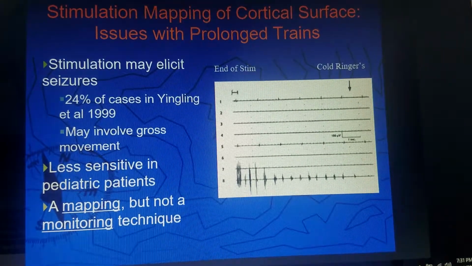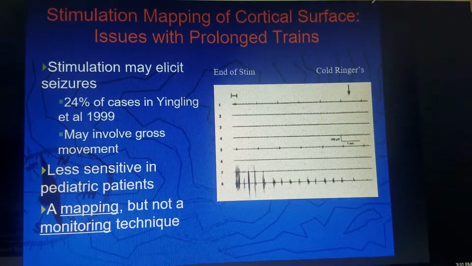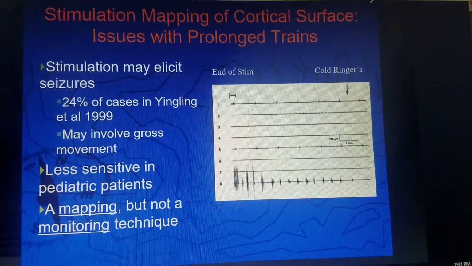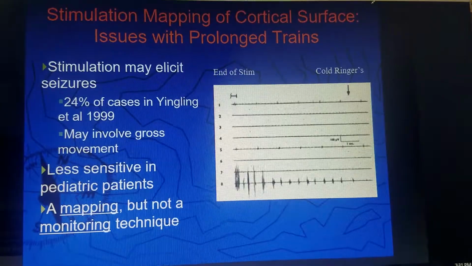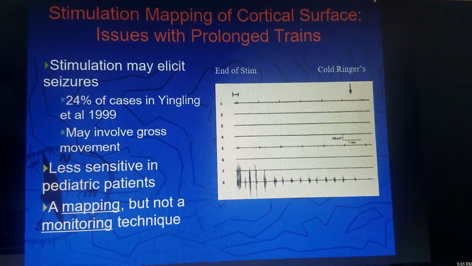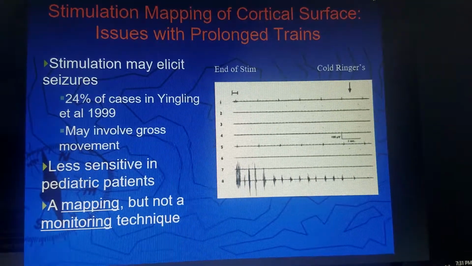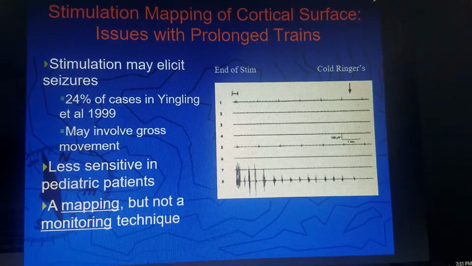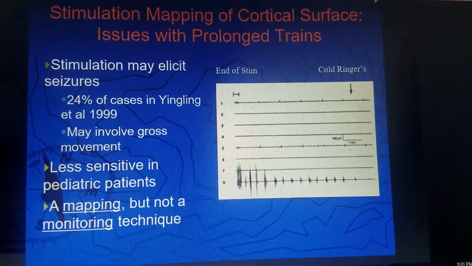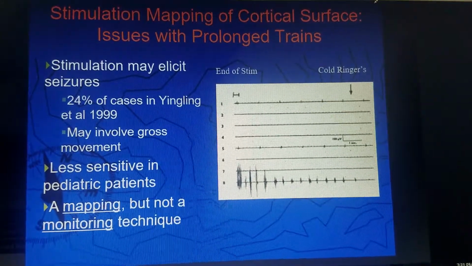The problem with these prolonged trains is that they can elicit seizures. In our first series, there were seizures in 24% of the cases, not necessarily dangerous ones. You can see here at the bottom, which is the foot channel, the stimulation ends right at the beginning of the set of traces, but the foot muscles keep going.